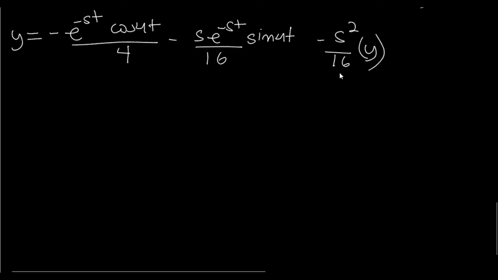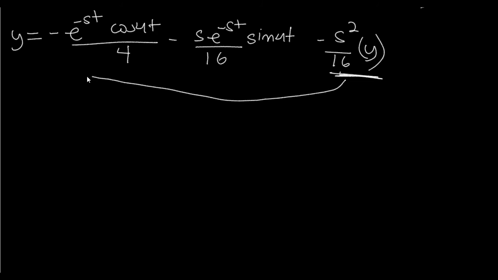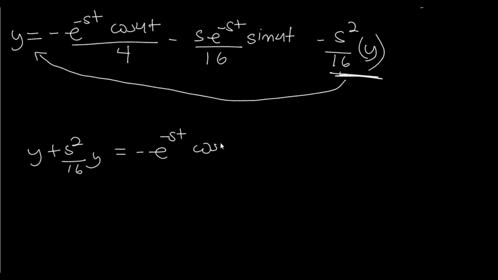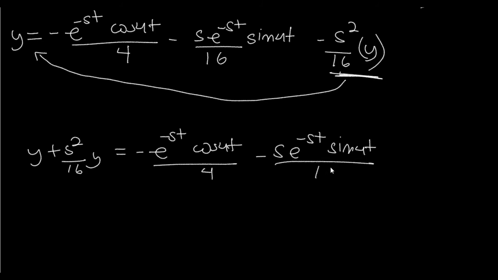Okay? So, itong negative s squared over 16 y, pwede nating ilipat sa kabilang side ng equation. So, magiging y plus s squared over 16 y equals negative e to the negative st cosine 4t over 4 minus s e to the negative st sine 4t over 16.